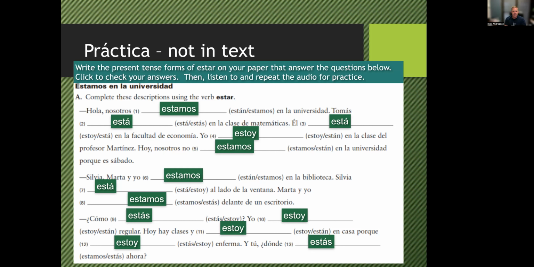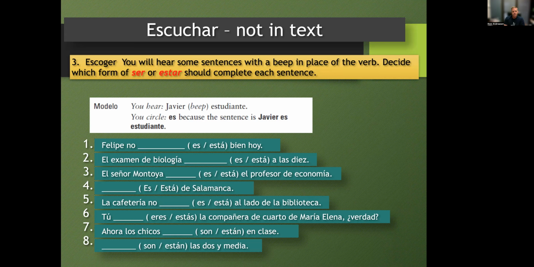3. Escoger. You will hear some sentences with a beep in place of the verb. Decide which form of ser or estar should complete each sentence and circle it. Modelo. You hear Javier, estudiante.